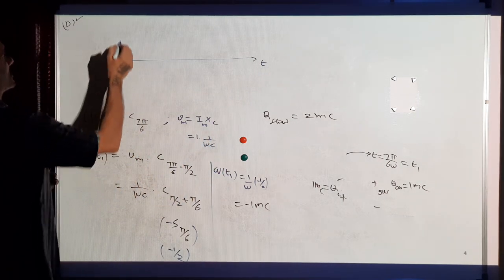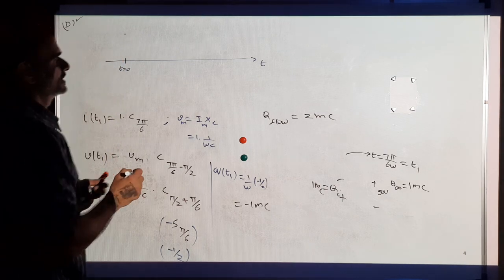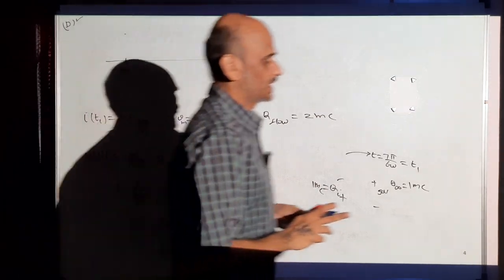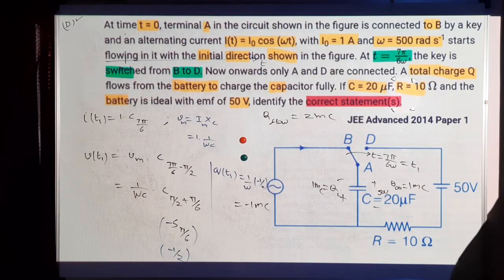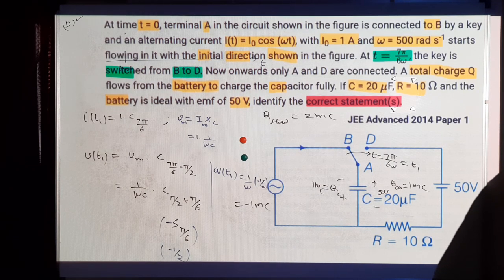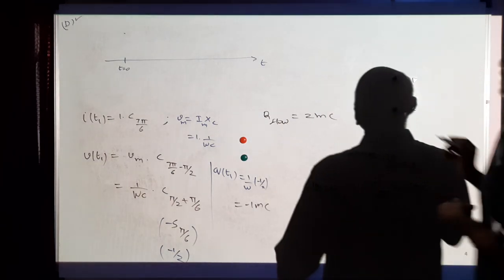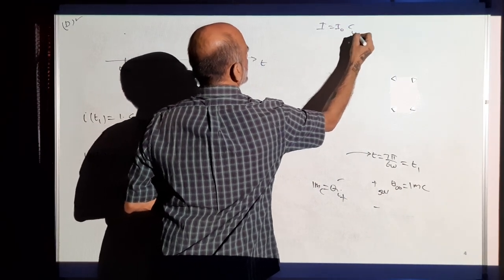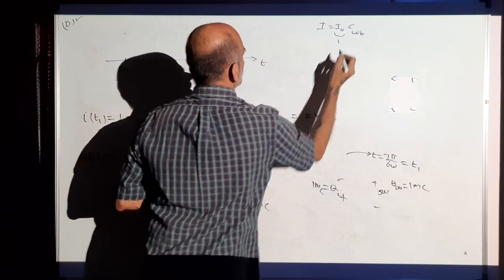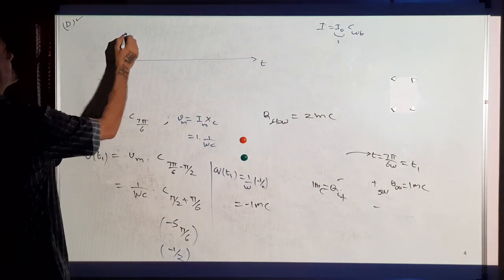So initially the current is 1 amp. They have given the current variation as I naught cos omega t, and I naught is 1. So initially it's 1 amp.